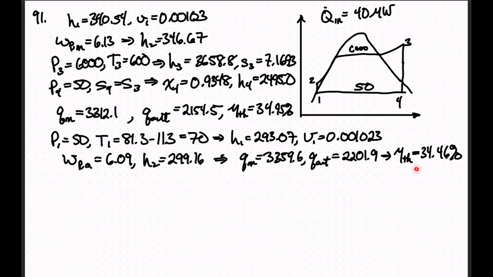In the end, we wind up with a slightly lower thermal efficiency of about 34.5%. So it's not good to have our feed water supercooled at this point. We'd like it basically just to be on the saturation line, just a saturated liquid.